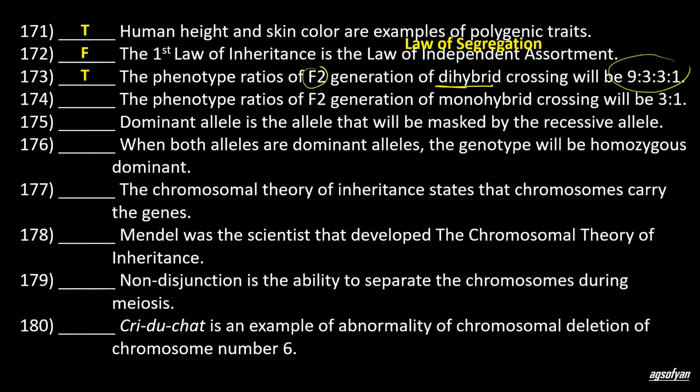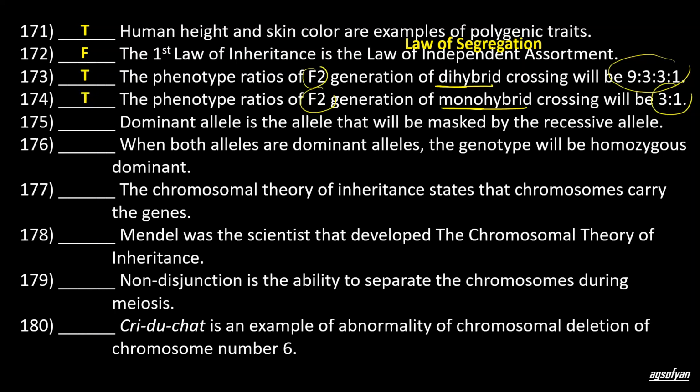The phenotype ratio for F2 generation for monohybrid, okay, only two observed phenotypes. It's going to be 3 to 1. Yes, it is correct.